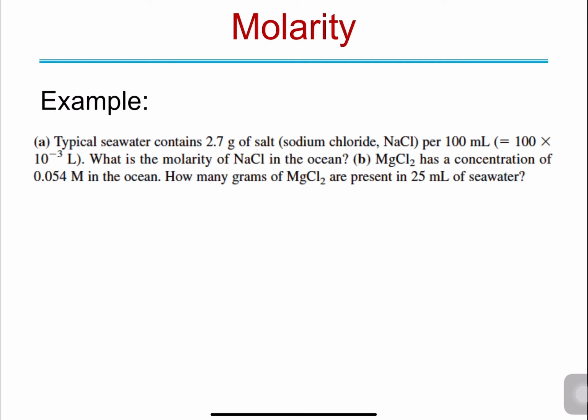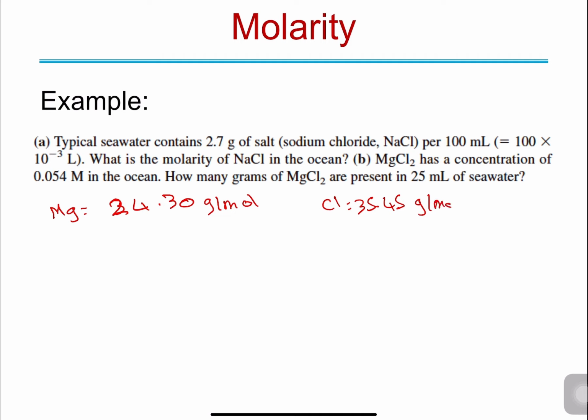mass of magnesium chloride. The atomic mass of magnesium is 24.30 grams per mole, and chlorine, we said, is 35.45 grams per mole.